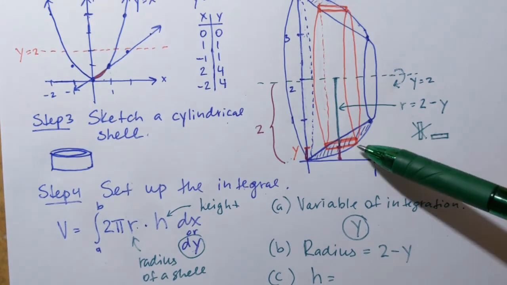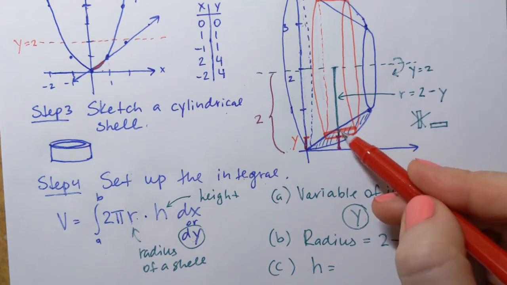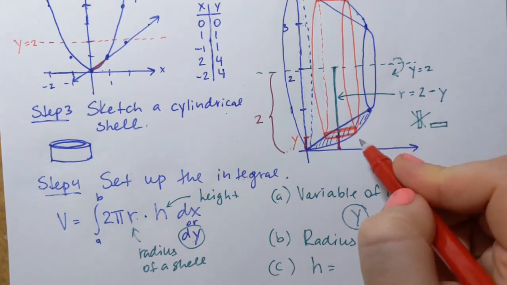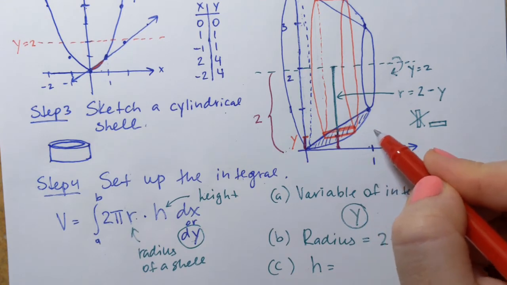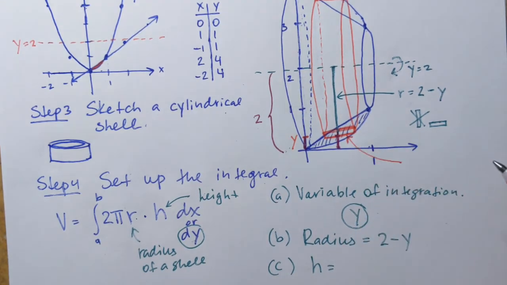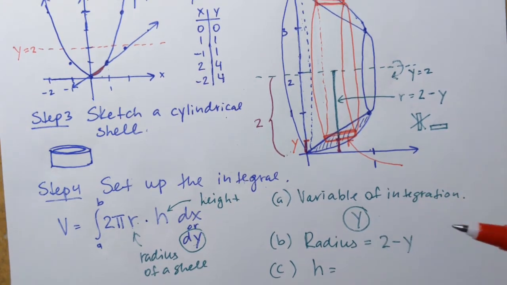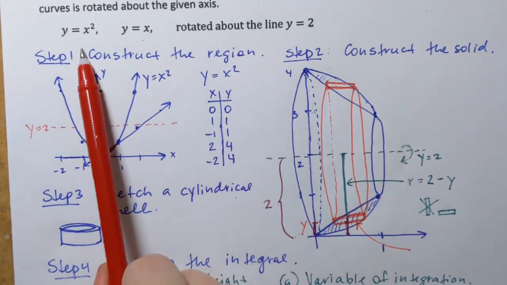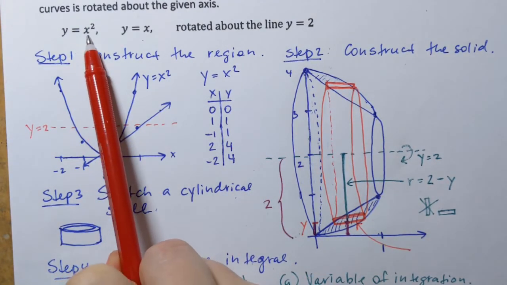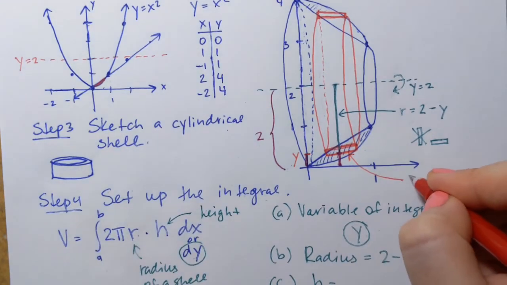And now, as I'm talking about the height of this rectangle, well, actually the height of the shell, which is the length of this rectangle, I'm going to express it as the right function minus the left function. However, these functions have to be written in terms of y. So if they're not given to me in terms of y, let's say this one is not, right? It's given in terms of x. I have to rewrite it.